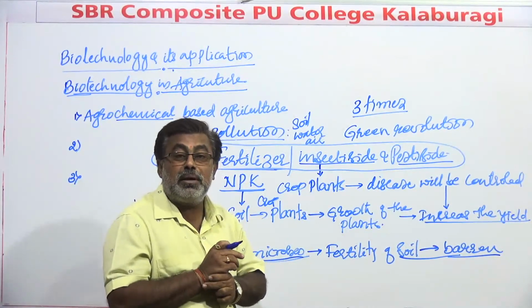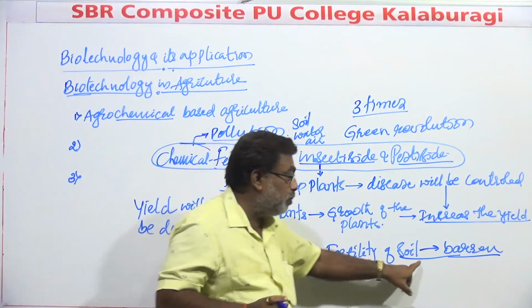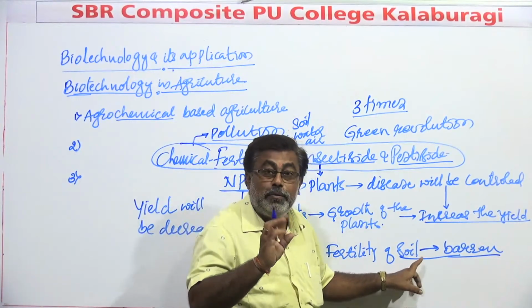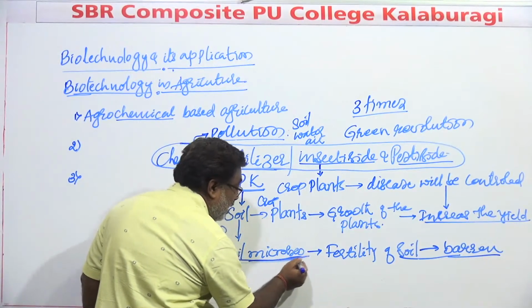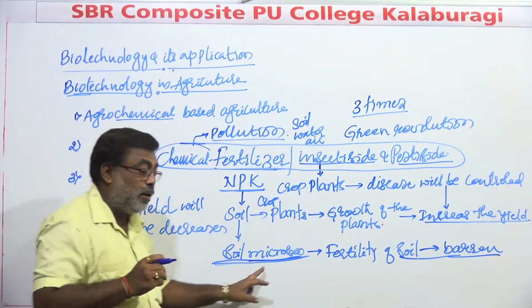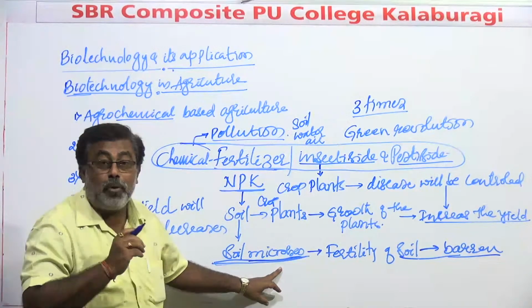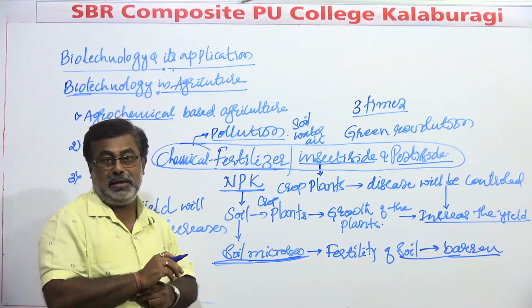As we are using the chemicals regularly, those chemicals will cause pollution to the soil, water, and air. To the soil, the fertility will decrease, because the microbes play an important role in increasing the soil fertility.